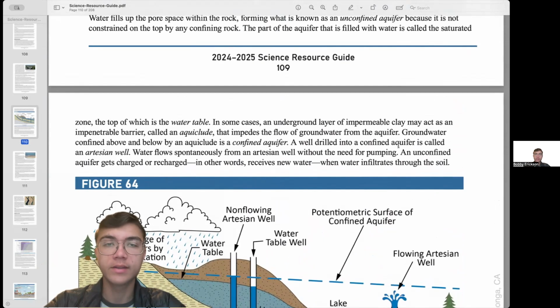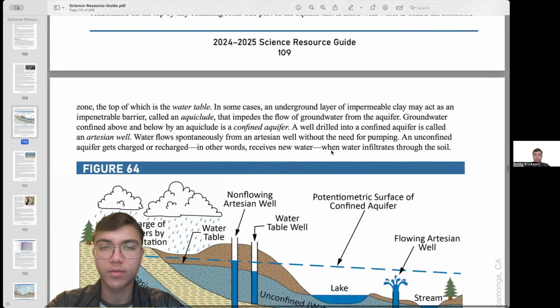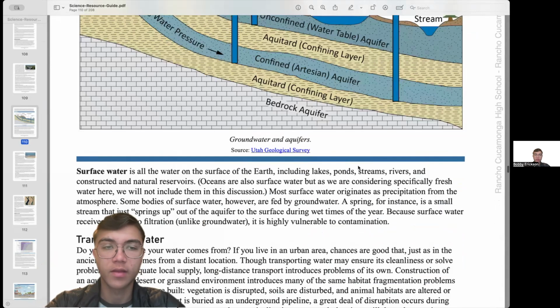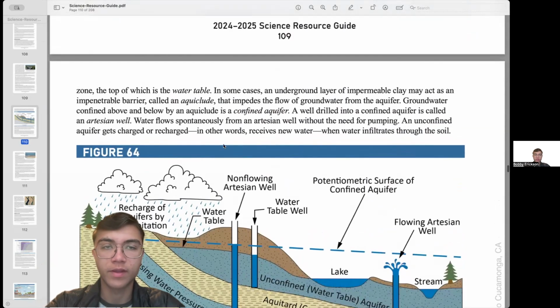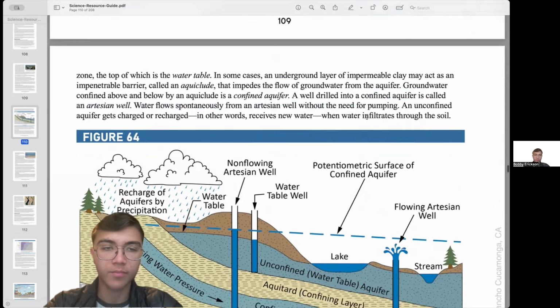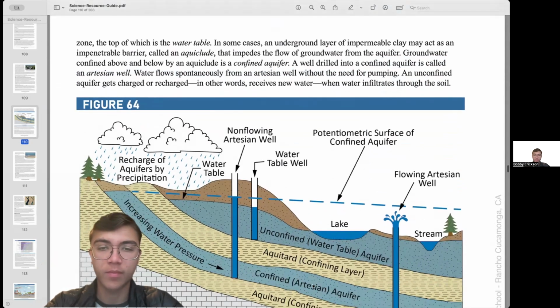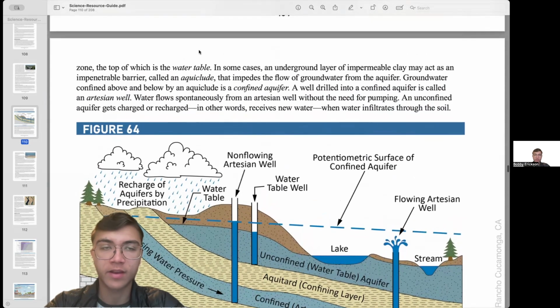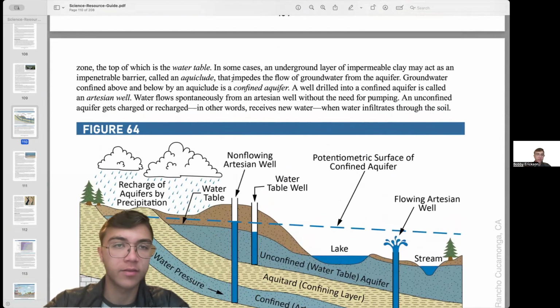Usually, an unconfined aquifer gets recharged with water infiltrating through the soil. So we see here that a lot of the pressure builds up from the water being confined in the two layers, whereas an unconfined aquifer just receives a bunch of new water easily infiltrating through the soil.